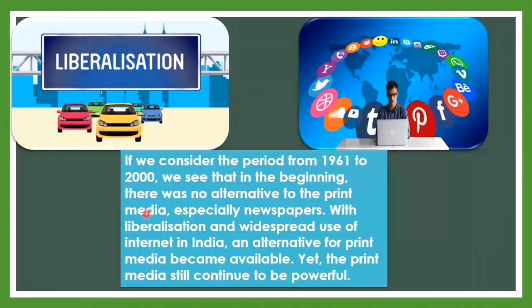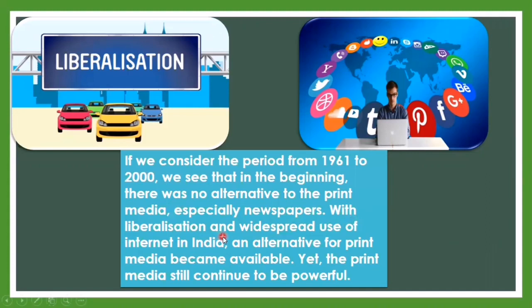As I said earlier, we are considering the period from 1961 to 2000 in this Indian history. We see that in the beginning there was no alternative to print media, especially newspapers.